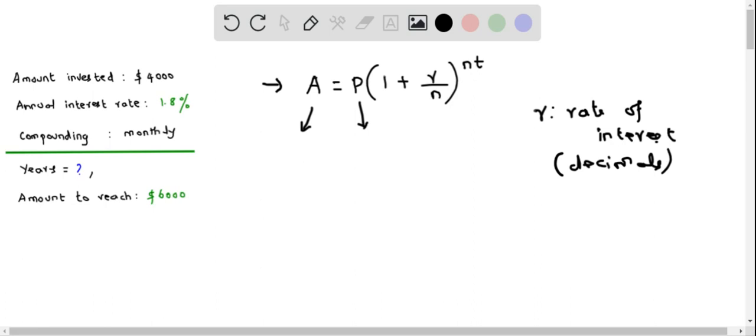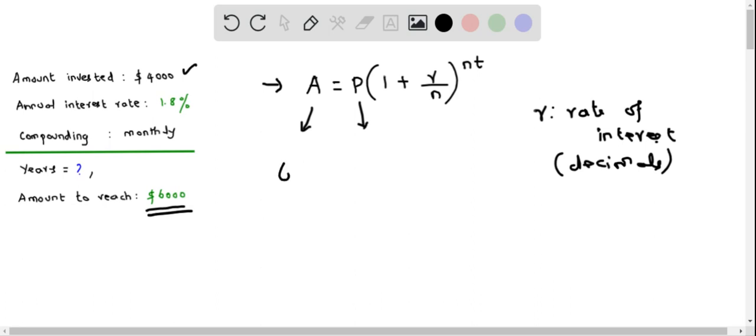So let's plug in the information given over here. That is, the invested amount is 4,000. So I'm going to put P equals 4,000, and we will also replace this amount to reach, which is 6,000.